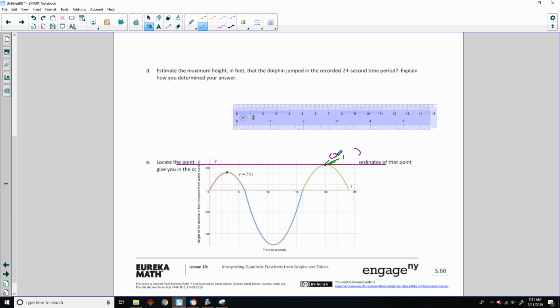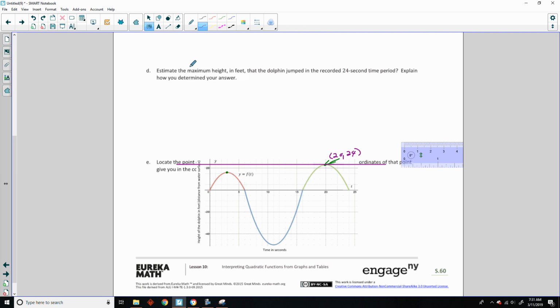So x or t is 20 seconds, and the height is approximately, well, if this is 0, 5, 10, 15, 20, I'd say approximately 24. Okay, approximately 24. Estimate the maximum height, and I would say the height is approximately 24 feet, the height of the dolphin in feet.